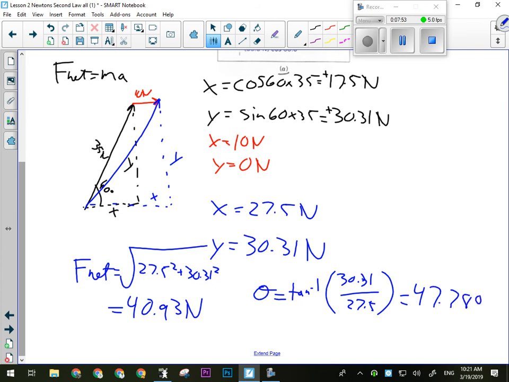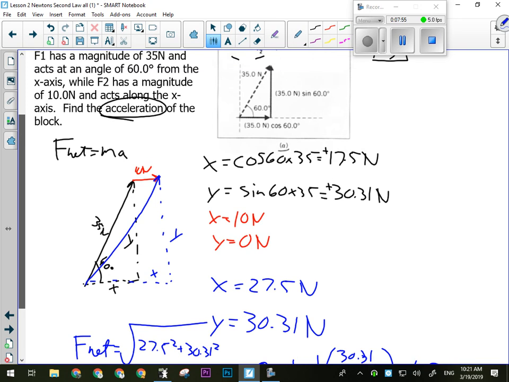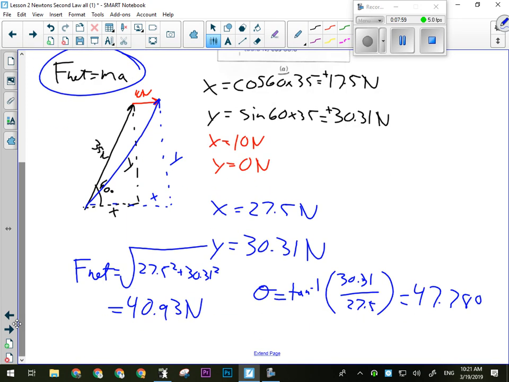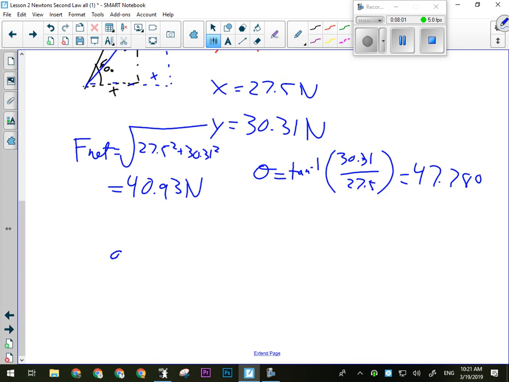Now I've got my net force. The question doesn't want net force, the question wants acceleration. So now I come back to this formula here, and I say that the acceleration will equal F net divided by m. So that'll be 40.93 divided by 15 kilograms.